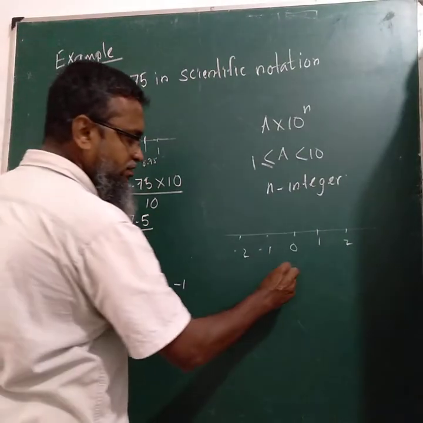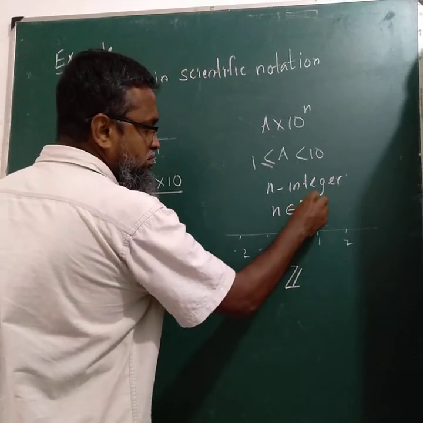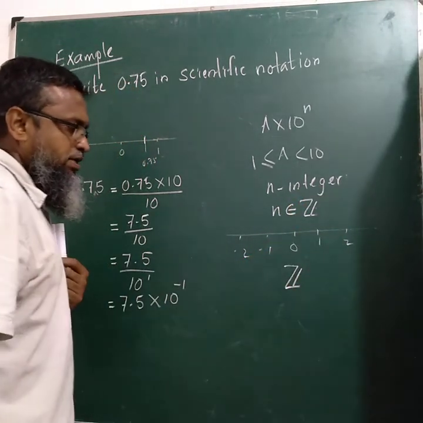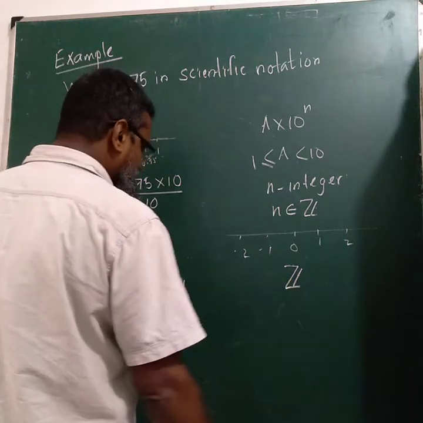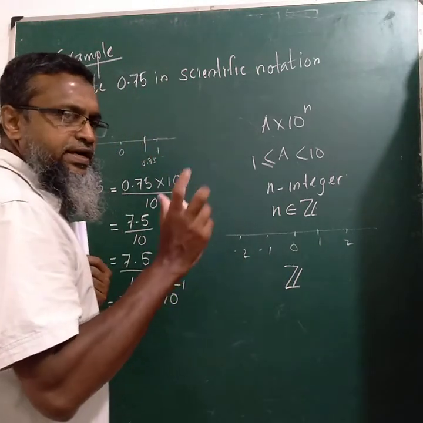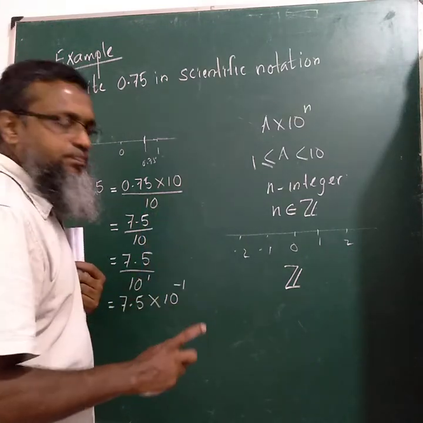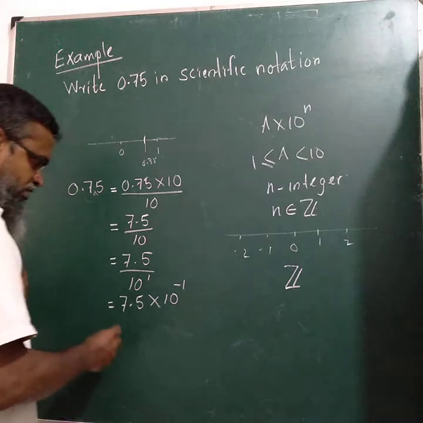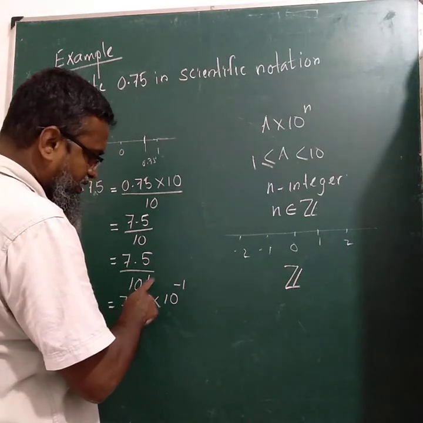We studied Z, we mark it as Z, right? n is in Z. The whole numbers, negative whole numbers and positive whole numbers, both will come, and 0 also will come. That is integer. So 7.5, 10 to the power 1 becomes minus 1.